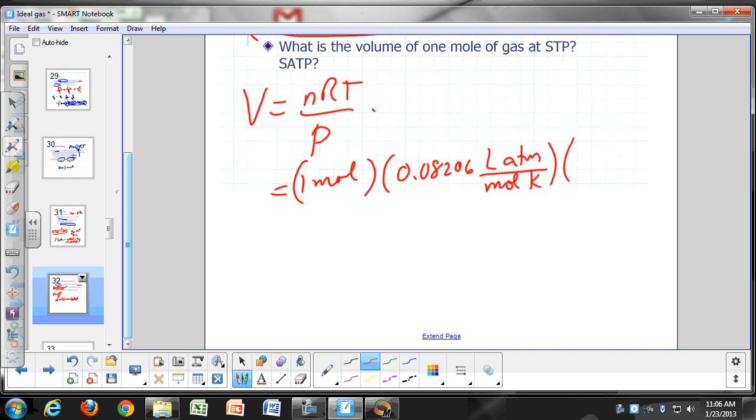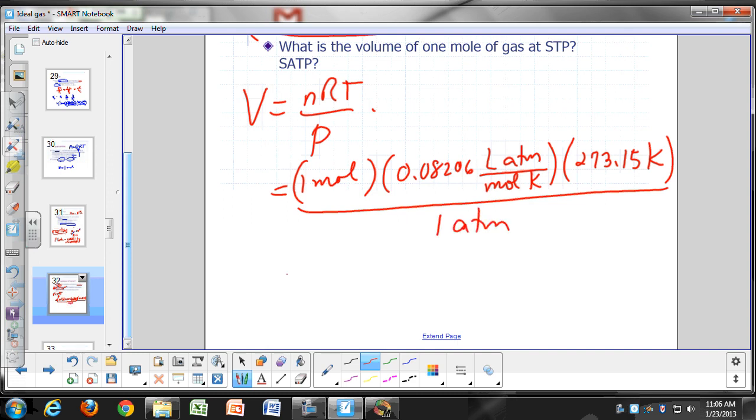Our temperature is 273.15 Kelvin. And our pressure is 1 atmosphere. And you'll find that this is 22.4 liters. So we say that the molar volume, the volume of 1 mole of gas at STP, if it obeys the ideal gas law, is going to be 22.4 liters.